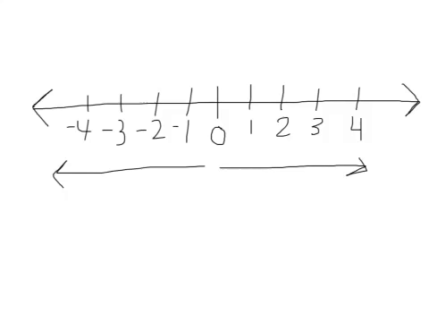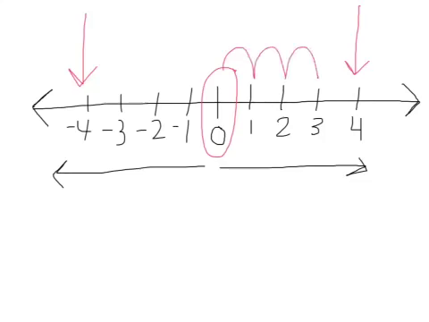Zero is the center point between positive and negative integers. Notice that positive 4 and -4 are both the same distance from 0. Four spots away.